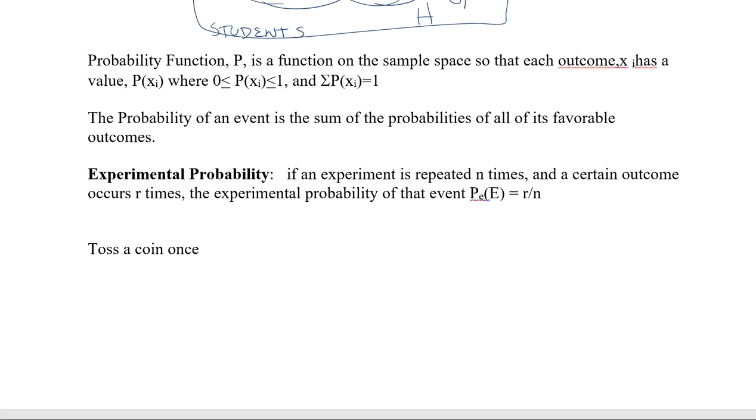Now, we talk about a probability function, and the authors of your textbook use the letter P. It's a function of the sample space, so that each outcome X has a value P of X, and that value is between 0 and 1, and the total of the values is 1. So this part tells me that probability is between 0 and 1.